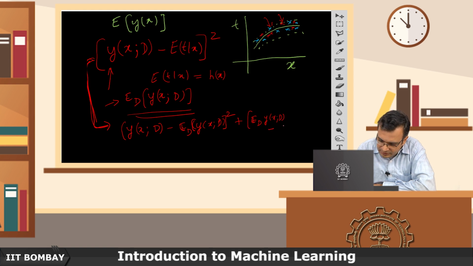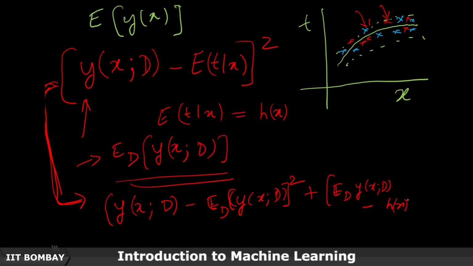And here we will subtract h of x whole squared, plus we will have 2 times the cross term.